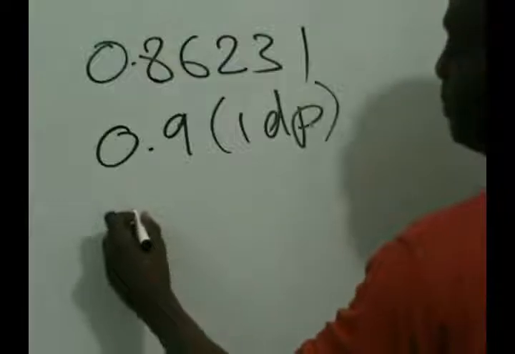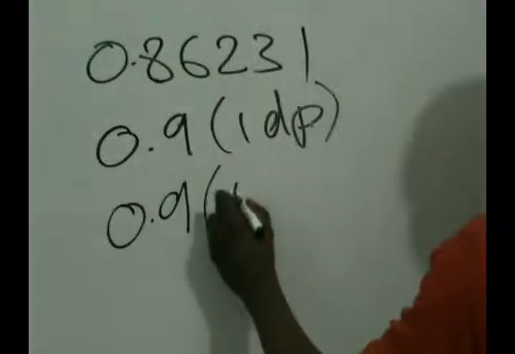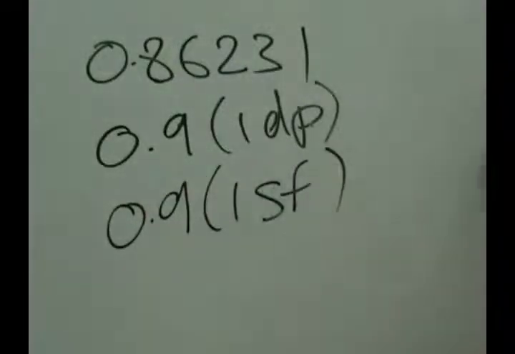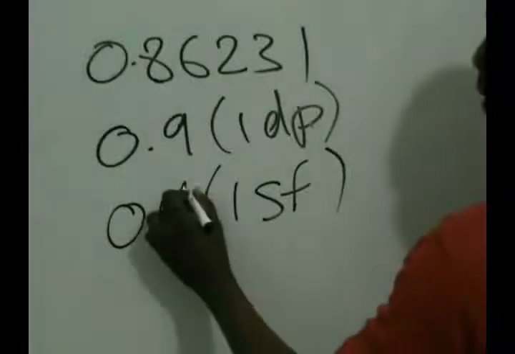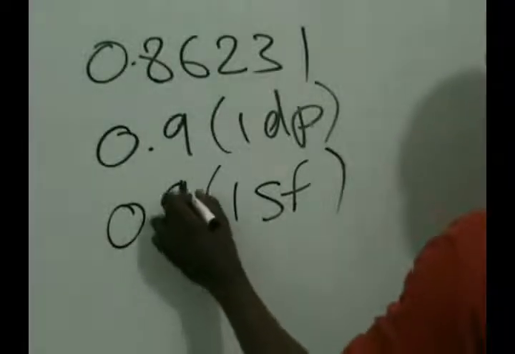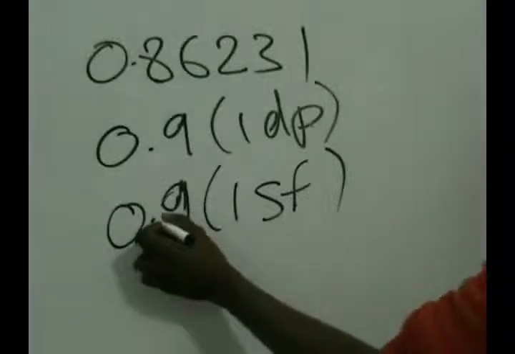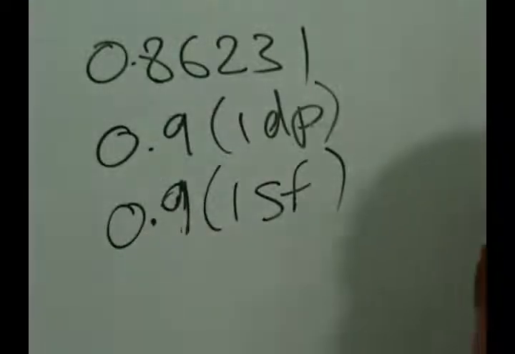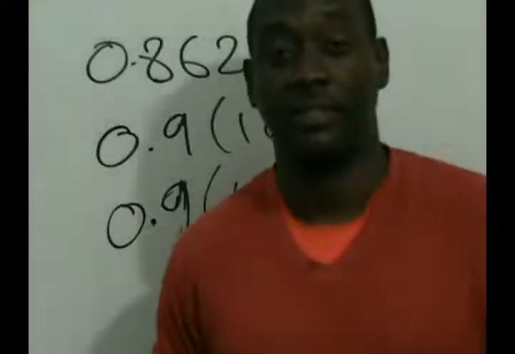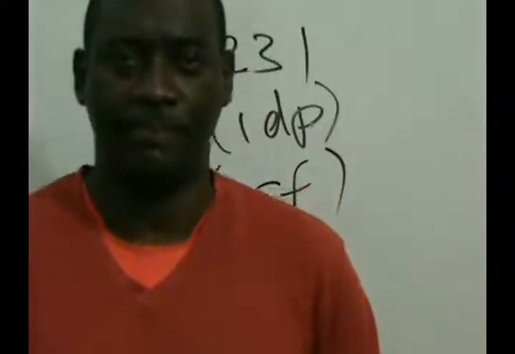So this would also be 0.9 to 1 significant figure. Now, this is a case where 1 decimal place and 1 significant figure will give you the same value. That is usually not the case. I don't think most students will have this problem.